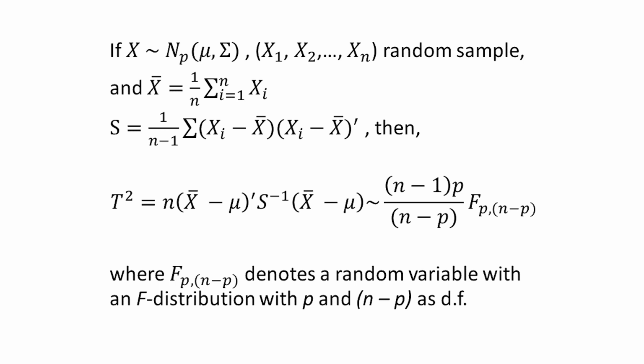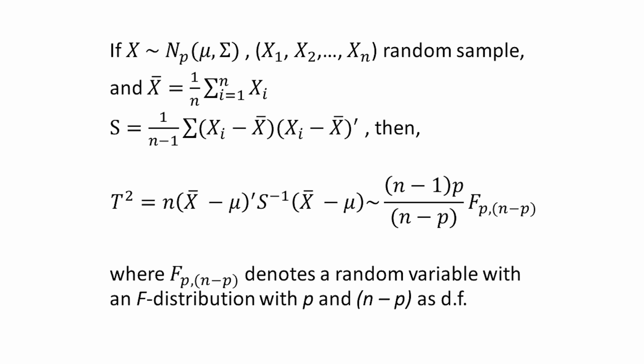Suppose we define T square as n times (x bar minus mu) prime S inverse (x bar minus mu). Then this is found to have the distribution of (n minus 1) p by (n minus p) F, that is central F, with degrees of freedom p and n minus p.